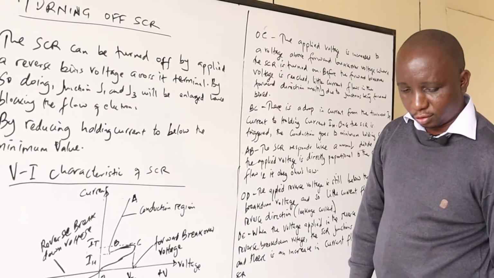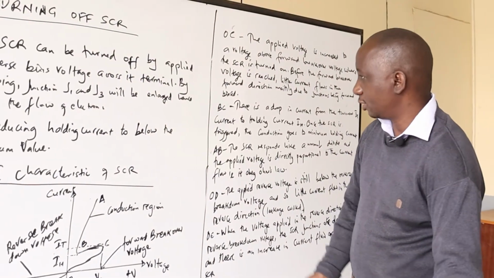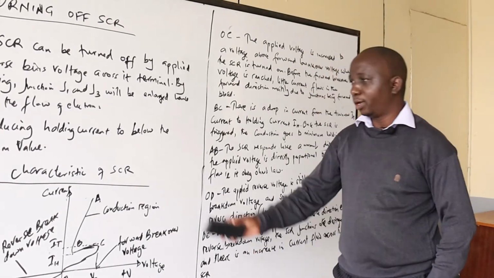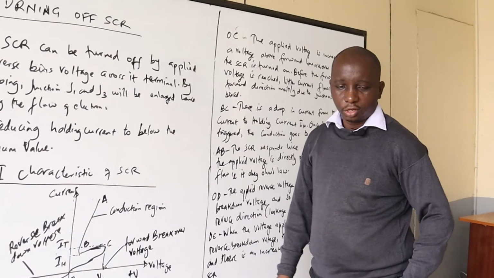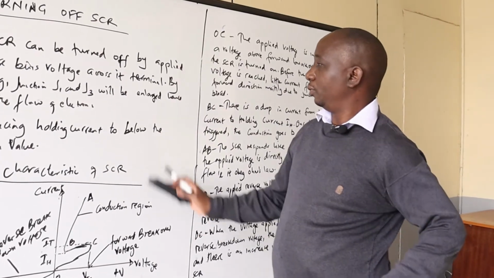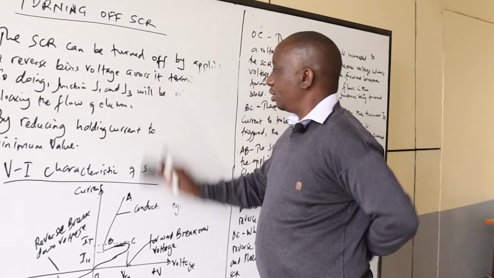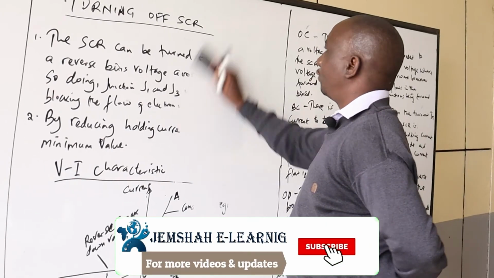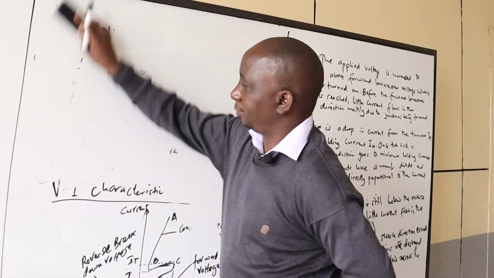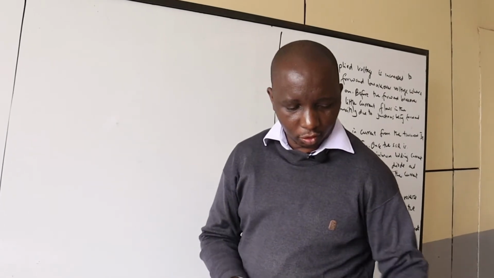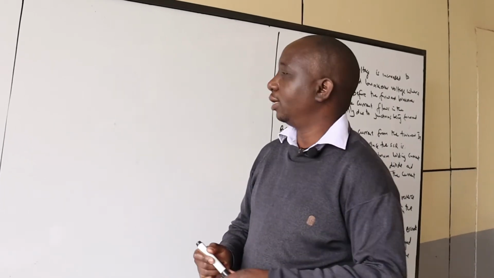So we can now look at where we can apply this SCR as a device so that we are able to utilize the component in different areas. So we can talk of applications of SCR.